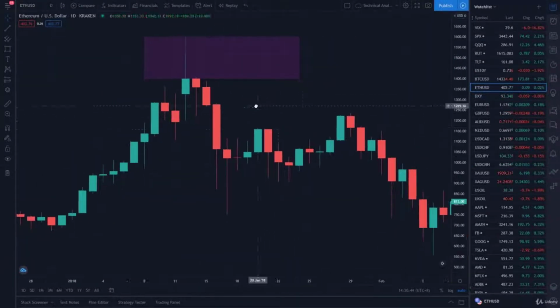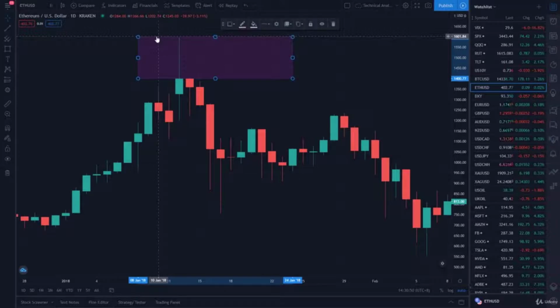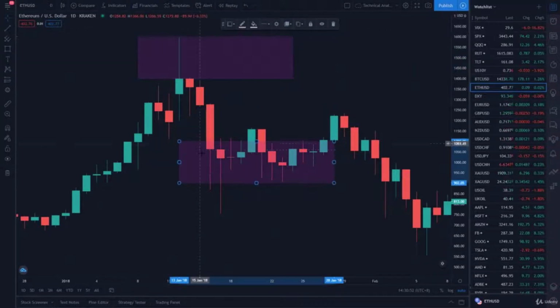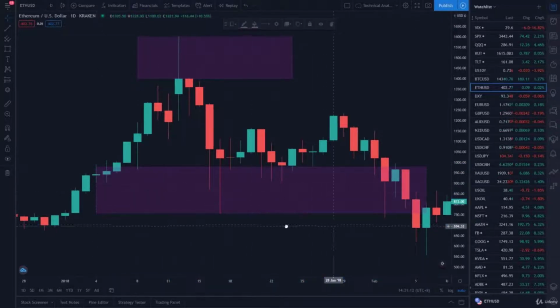Okay, likewise, if you see a lot of common wicks, for instance, this area here at the bottom, where there's a lot of common wicks where price barely touched this zone and then it couldn't sustain a close over here. It had to close above. So this area is obviously a key range of support, I would say.